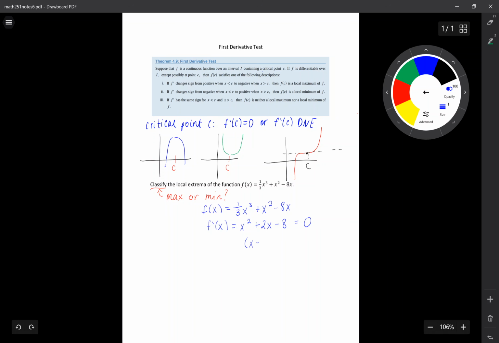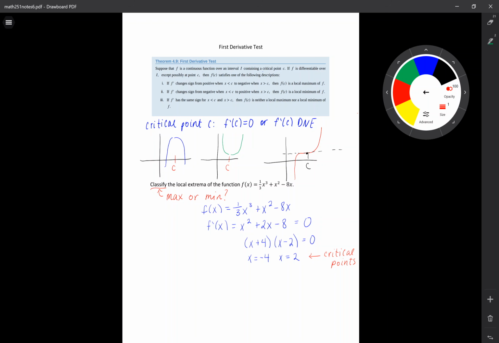This factors as x plus 4 times x minus 2. And if we set this equal to 0, then obviously this gives us x equals negative 4 and x equals 2. These are the critical points, which is great. Now we have our critical points, but I don't know if these critical points have a local max or a local min at them.